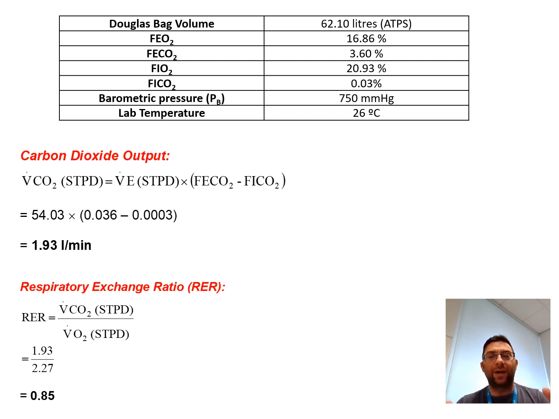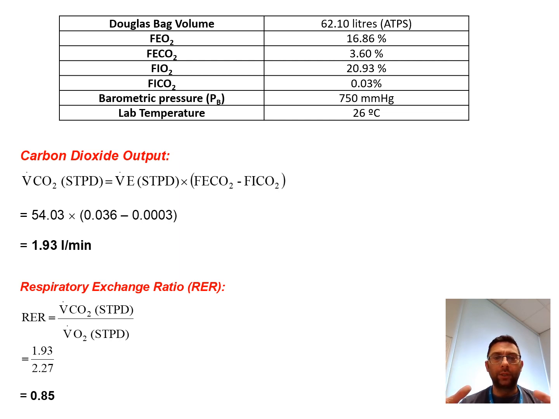So what does that 0.85 tell us? I'll go into more detail on this within the lectures on respiratory physiology. But an RER value of 0.85 tells us that at that time point during the test, they were using a mix of carbohydrates and fats.